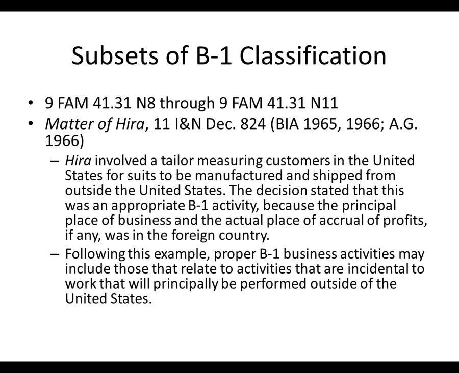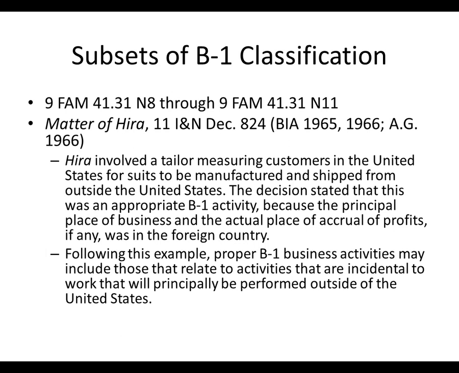The other example was the cobbler, and I think these are great, traditional examples of the types of business activities that would be allowed in the U.S. And then translating that into the 21st century can take a few different turns.